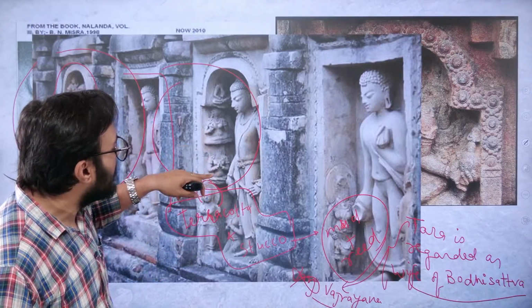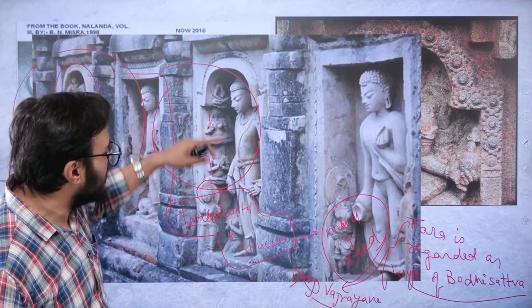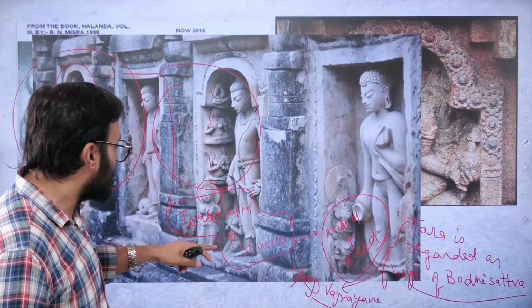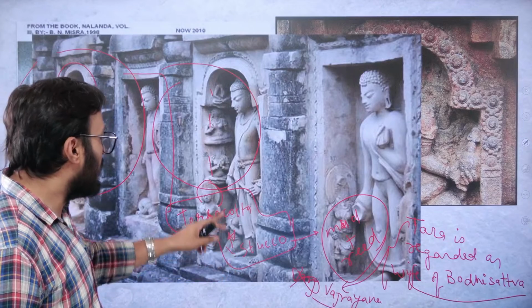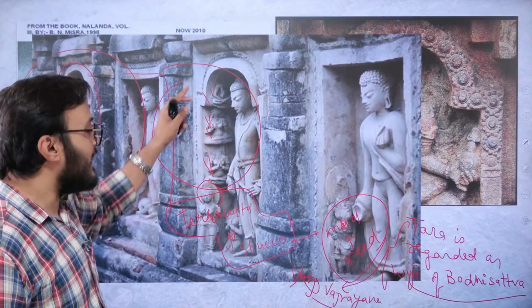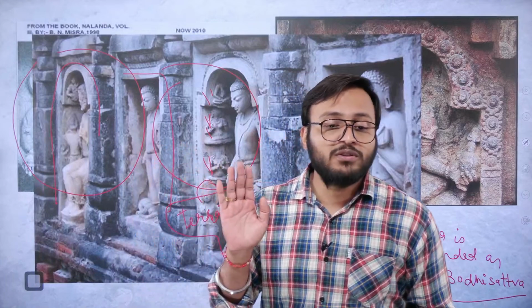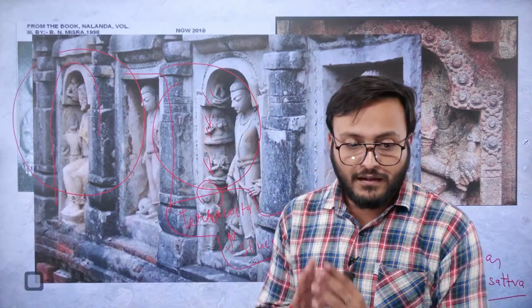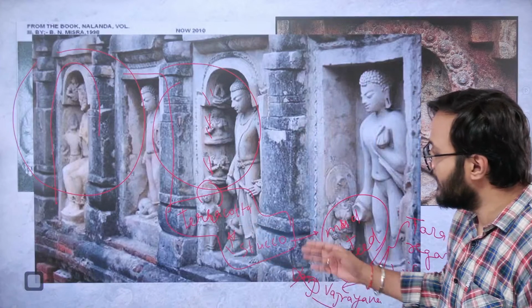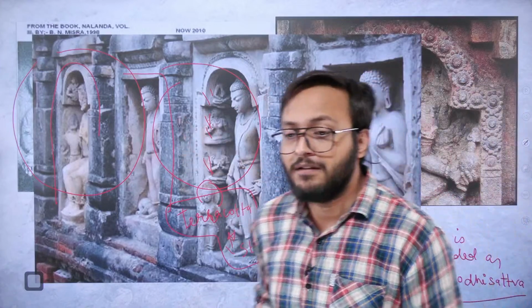You can see here feminine figures, right? Feminine figures which are standing or kneeling down or sitting on the side with some sort of mudra, abhay mudra, or folded hands, but all of them are feminine.